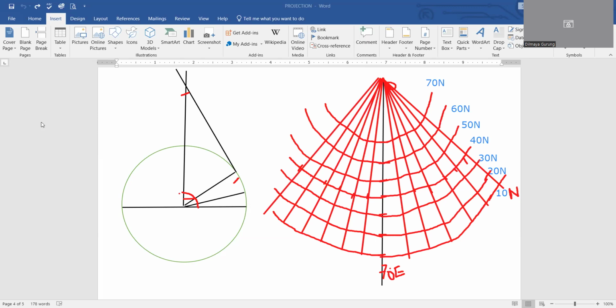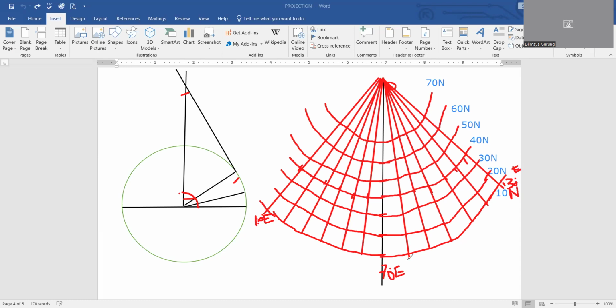Now let's do the final labeling. The name of this line is 10 degrees east. No need to write east everywhere; you can just write it at first and at last. And this last line represents 130 degrees east. Clear?